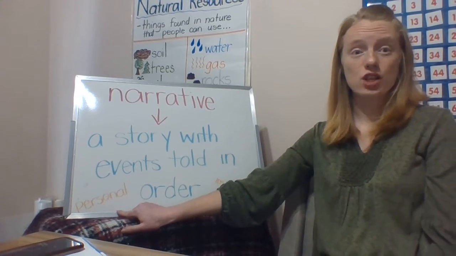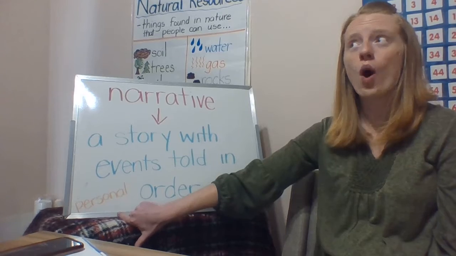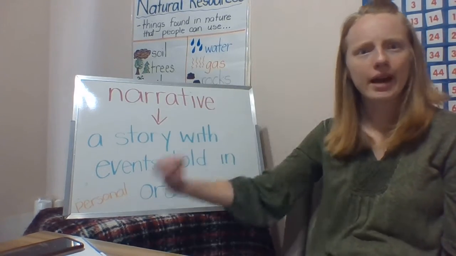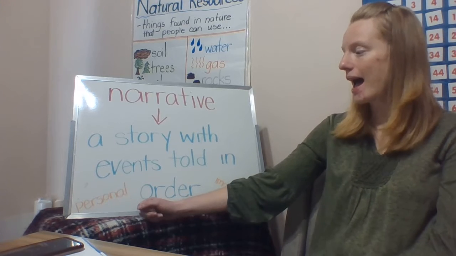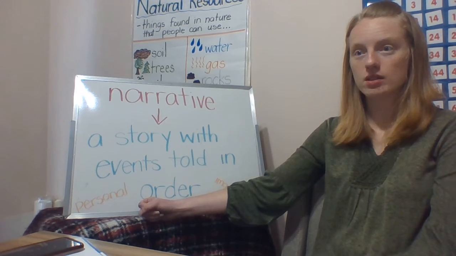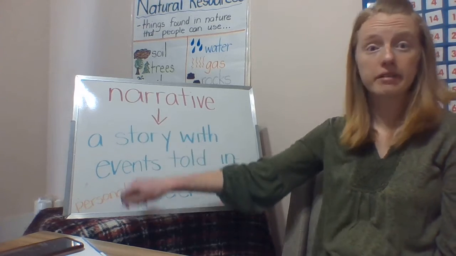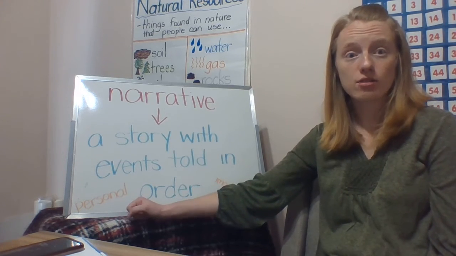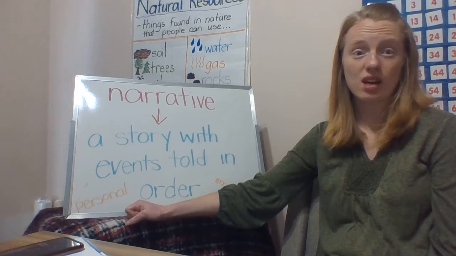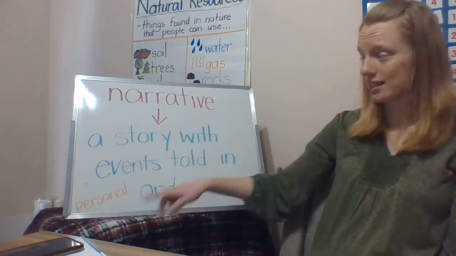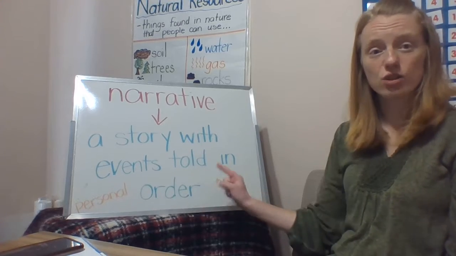So when I ask you to write in your journal about one super exciting thing that you did this weekend, you were writing a narrative. When I ask you to write about the best day that you had at school, that's a narrative. When I ask you to write about a time when you were brave, that's a narrative because it's a story that has events that are told in order.